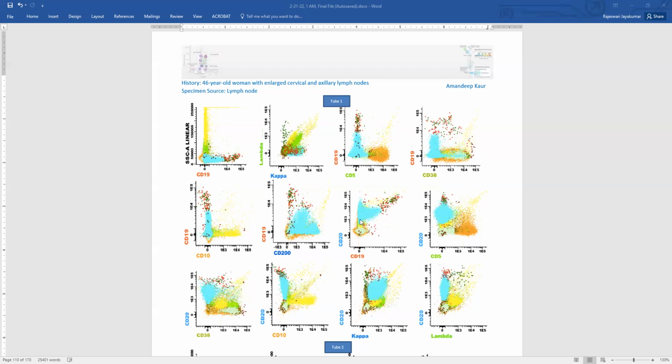And here we see in CD20, there is a variable expression of CD20, and our CD19 negative cells also express CD20, and the CD19 positive cells also express CD20. So we have B cells that have variable expression of CD19 and CD38, and there's a subset that is positive for CD200.